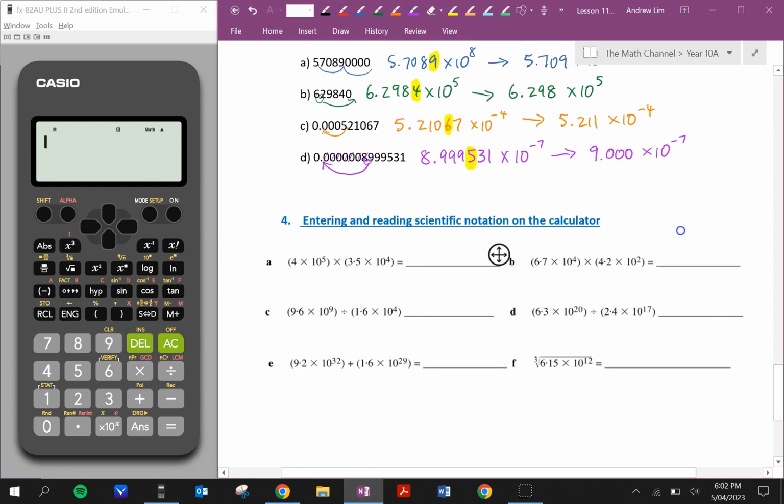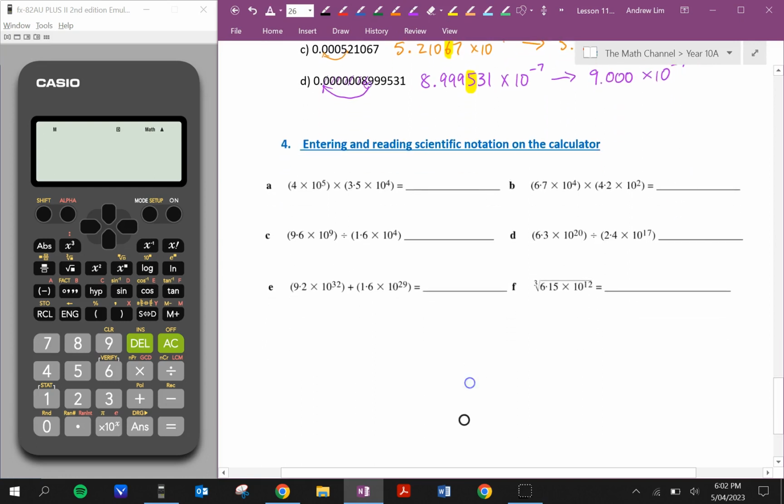Okay, so let's have a look at the last part of this lesson, which is just entering and reading scientific notation on a calculator. So here we've got 4 times 10 to the power 5 times 3.5 times 10 to the power 4. If you want to, you can use this button here. Okay, 4 times 10 to the power of 5 times 3.5 times 10 to the power of 4. 1.4 times 10 to the power of 10.